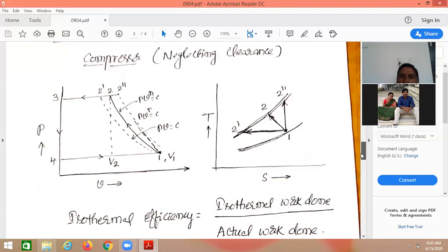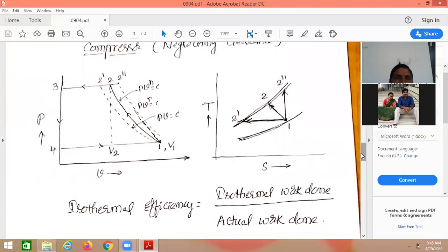Next, the same working of the compressor, if it is drawn on the PV and TS diagrams. The working of the compressor is shown on PV and TS diagrams. It is plotted. Three different processes are shown here. 1 to 2 is a compression process. 1 to 2 dash is also a compression process. 1 to 2 double dash is also a compression process.